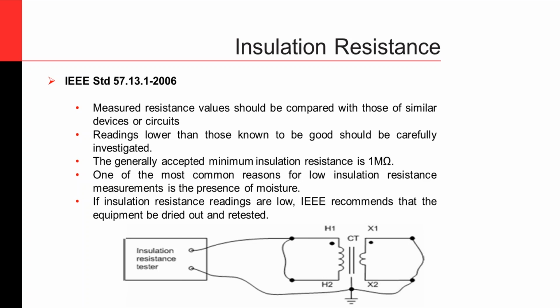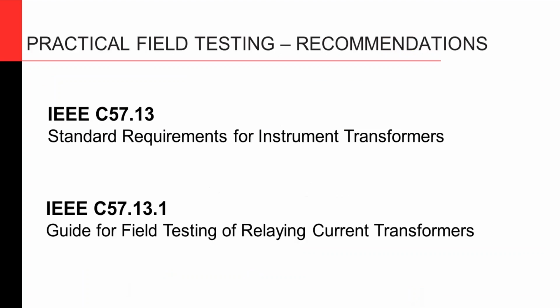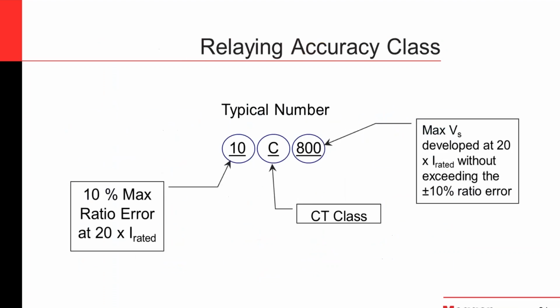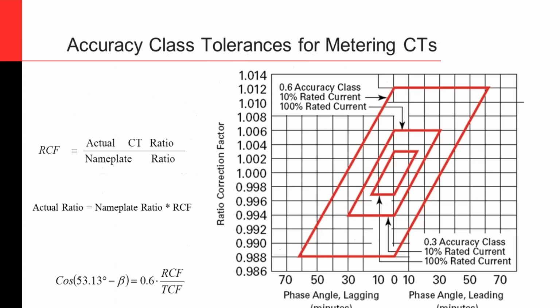And also, the ratio test gives me a better idea of whether I have to use it in the first place or not. If it is a really bad CT ratio result that I'm getting, then there's no use of me using it in either application, whether it is a protection application or a metering application. I don't want to use something which is beyond the tolerance value, and that's one of the reasons why you do the parallelogram here.